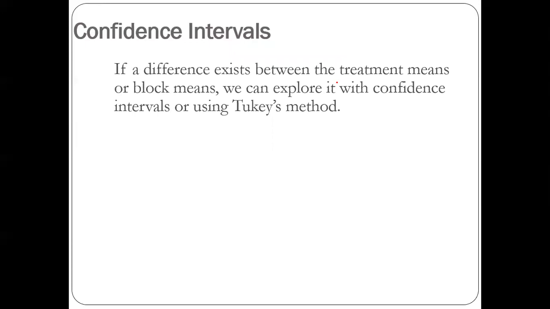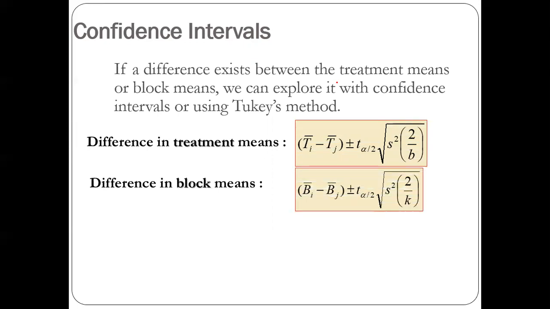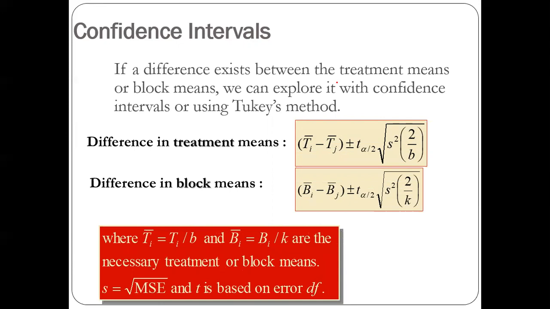So now we can proceed with our further analysis because we succeeded in rejecting our null hypothesis. Okay, so this is the formula if we want to further our analysis for treatment means and also for block means.